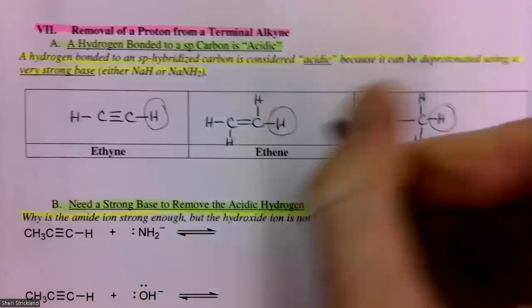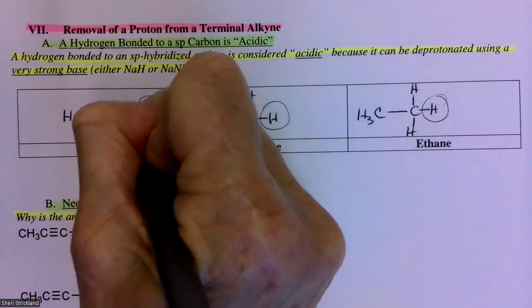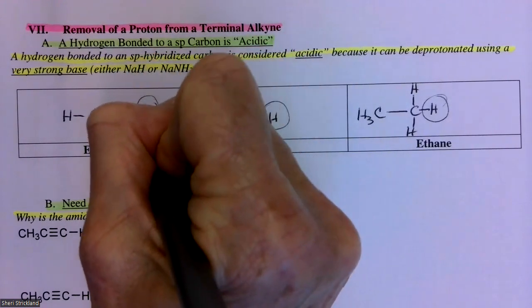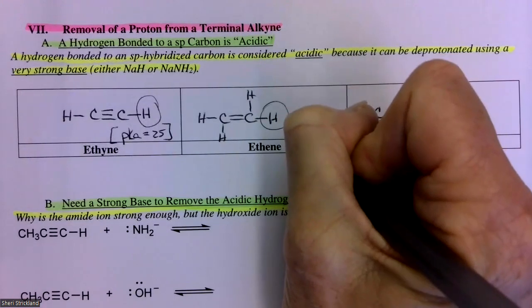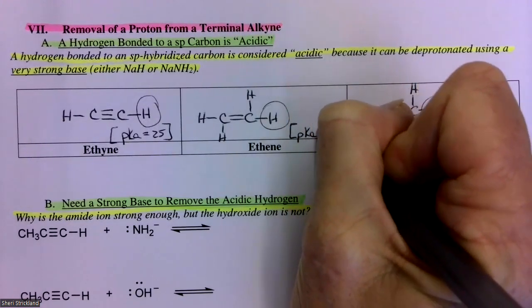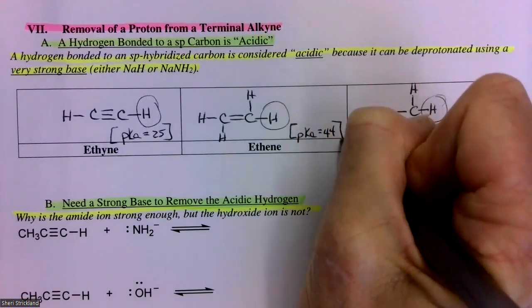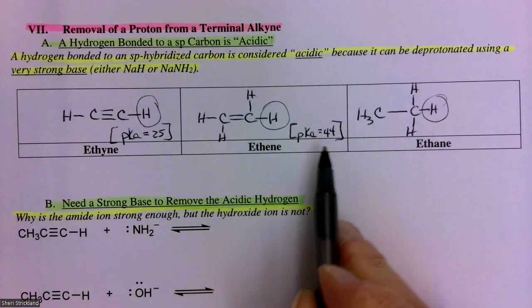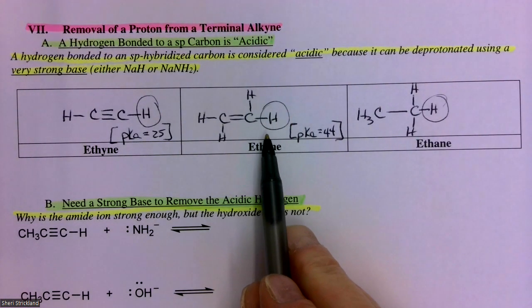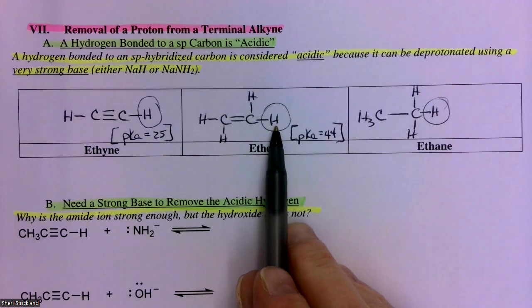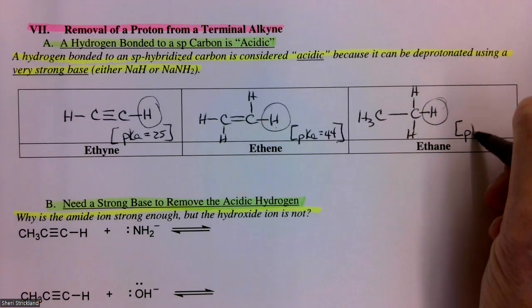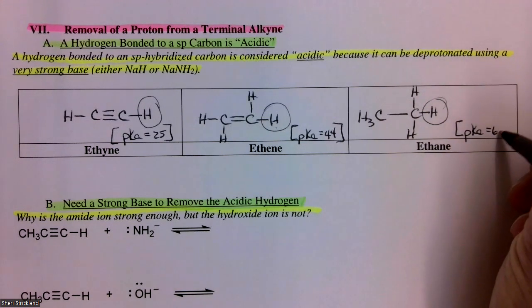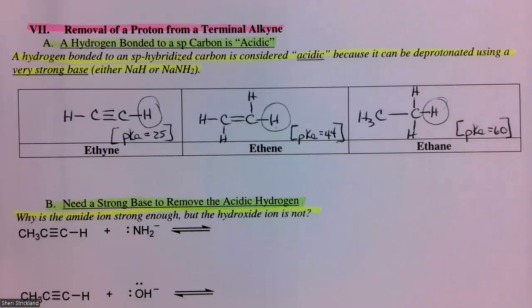We'll pick one of these. But pKa is 25 here. pKa is 44, so this is almost 10 to the 20th times less acidic. So it's much less likely to donate that hydrogen as a hydrogen cation. And with ethane, with the pKa of 60, it's just not happening. Not unless you have a super strong base.